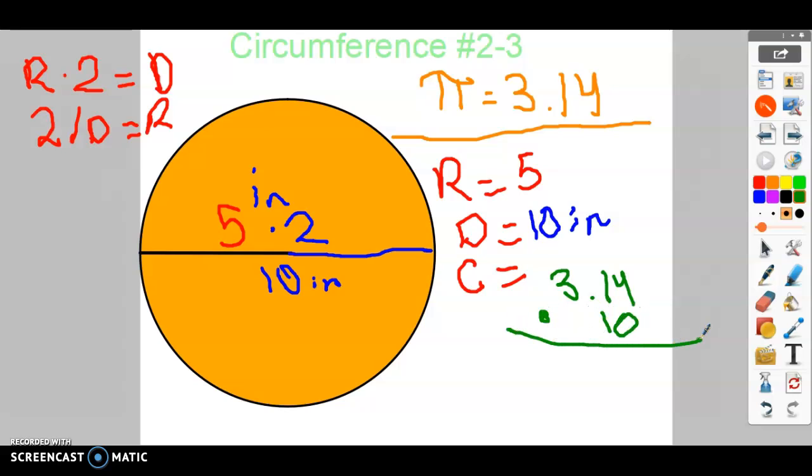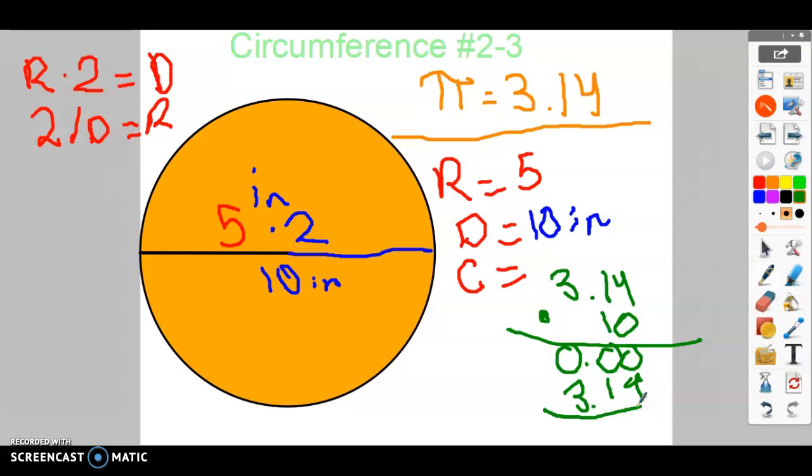Okay, now we have room. So this is going to be 0, 0, and 3 times 0 is 0. Now we're going to do 1. 1 times 4 is 4. 1 times 1 is 1. And 1 times 3 is 3.